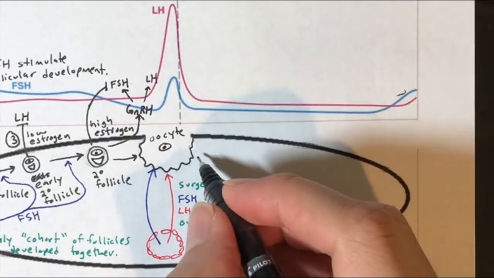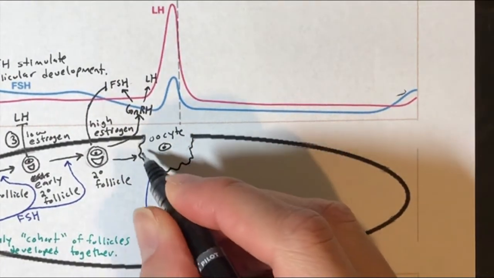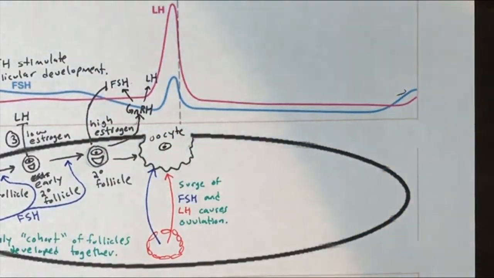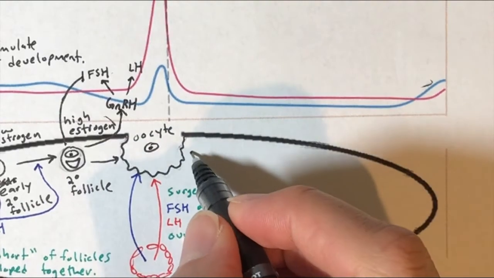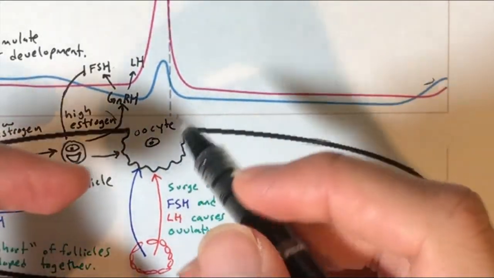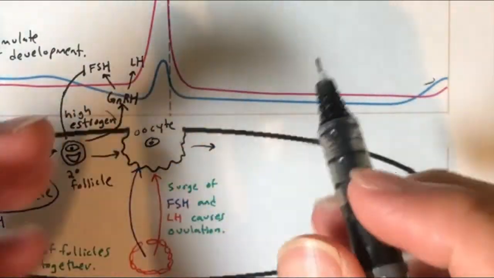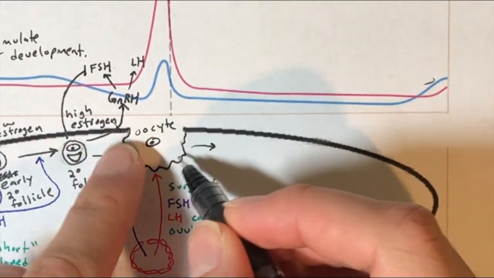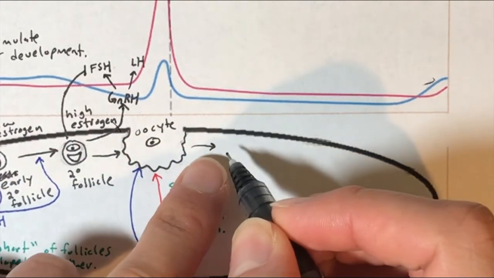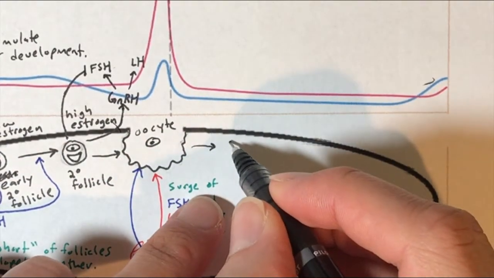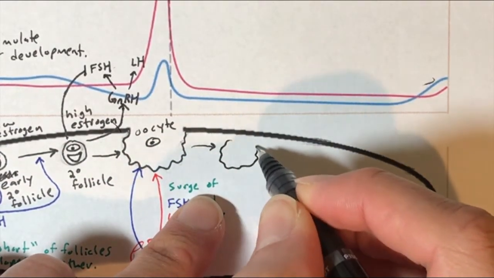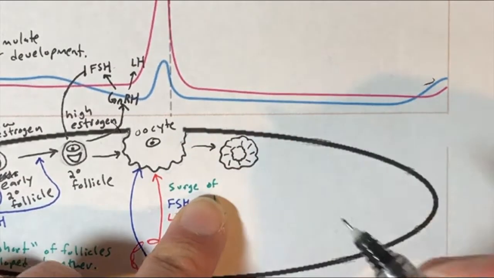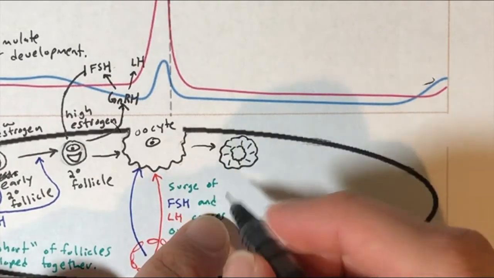This structure here, which we were just looking at, the surface of the secondary follicle, then gets almost like endocytosis, but not quite. It's going to get sucked back, not the egg, but this wall here is going to get sucked back into the ovary, and it's going to become another structure called the corpus luteum.